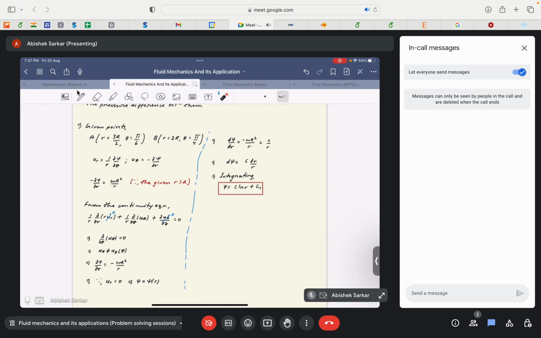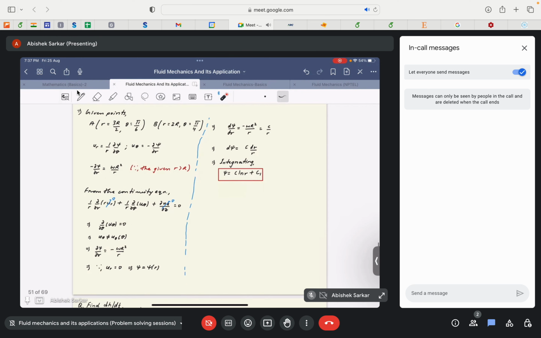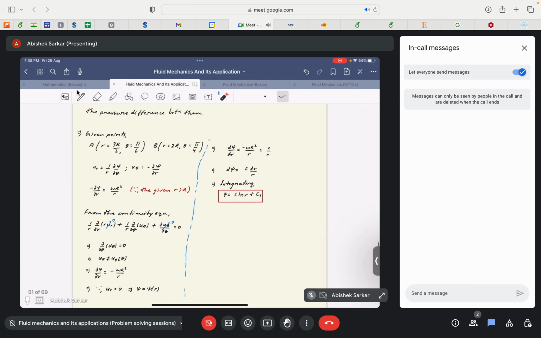So we substitute the value of u theta as omega R squared by r, so we get minus dou psi by dou r is equal to omega R squared by r. Then we can integrate this equation.